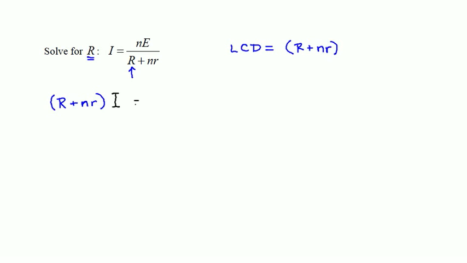So I'll multiply it by I, and over here on the left I'll have little n big E over big R plus little n little r times that same LCD, big R plus little n little r. On the right hand side I can see that these two factors drop out. That whole thing cancels with the whole LCD.